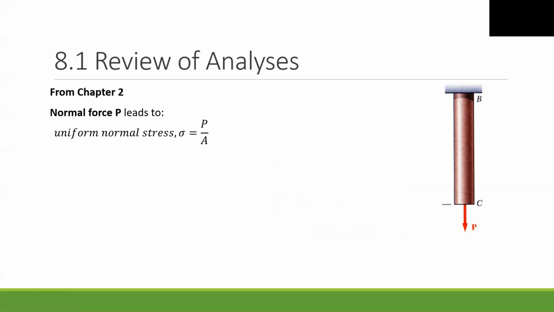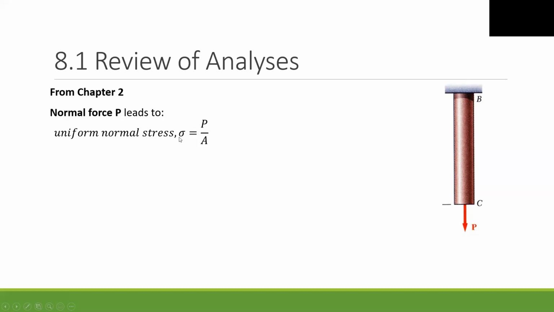Okay, we can categorize how normal stress and shear stress occur, and which type of resultant force causes which type of stress. First of all, we start with the normal force. In chapter 2, you may remember, if you have, for example, a beam or column like this, and you put an axial load P in this direction, you get normal stresses.